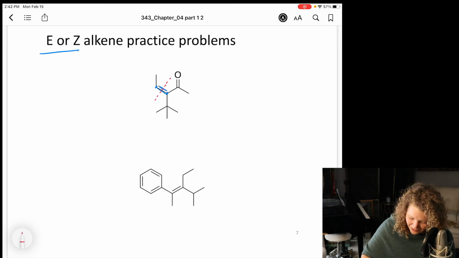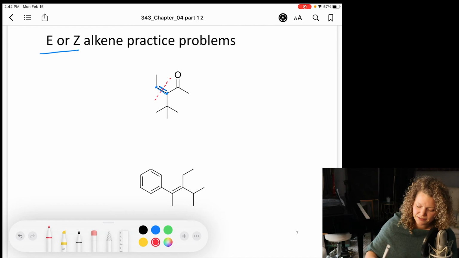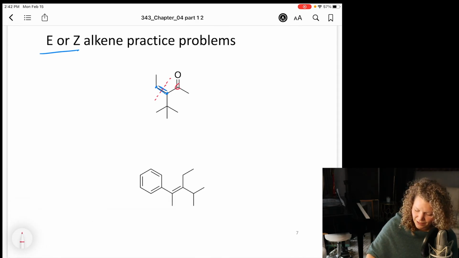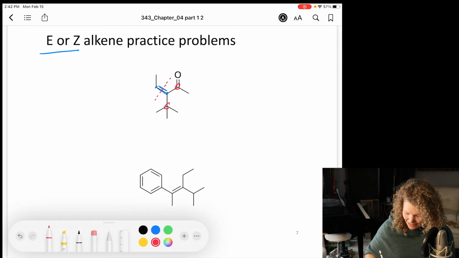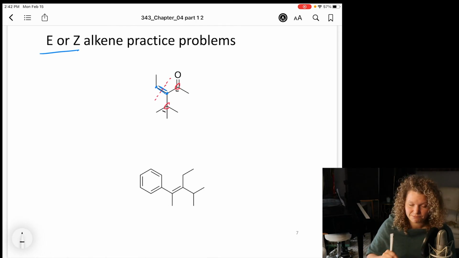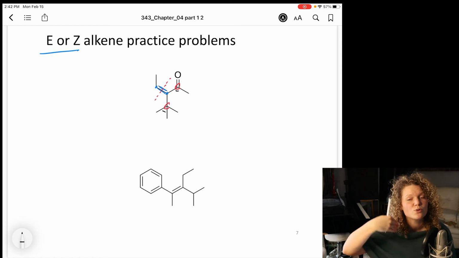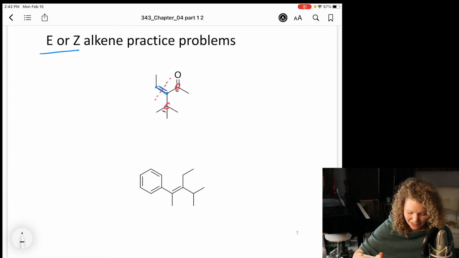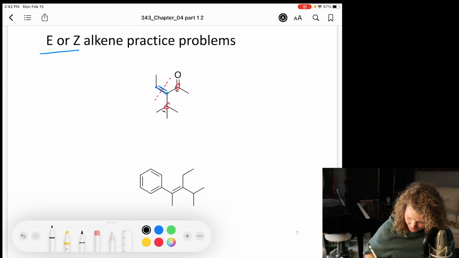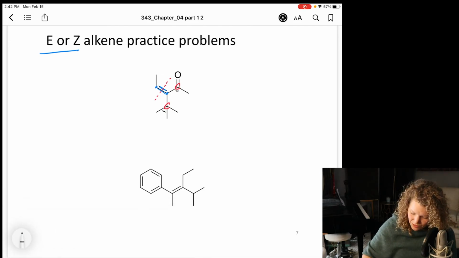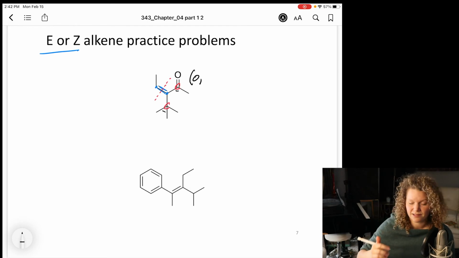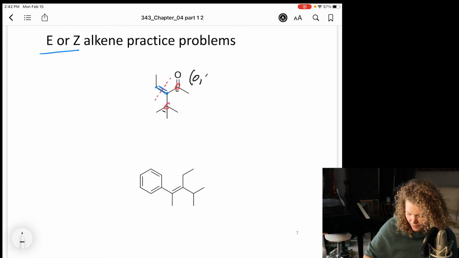When I look at the carbon that I have a blue dot on, I see that I have a carbon. It's bound to a carbon, and it's also bound to another carbon. So right now, these are tied. Carbon versus carbon, tied. Now you move to what is bound to that pink carbon. So this pink carbon has an oxygen, but it has 2 bonds to that oxygen. So I'm going to write O, comma, O, because there are 2 bonds to it. And that pink carbon is also bound to a carbon here.